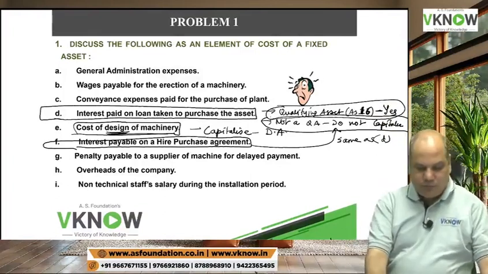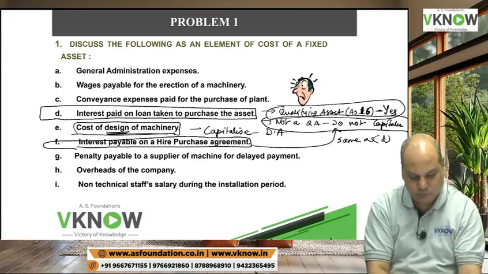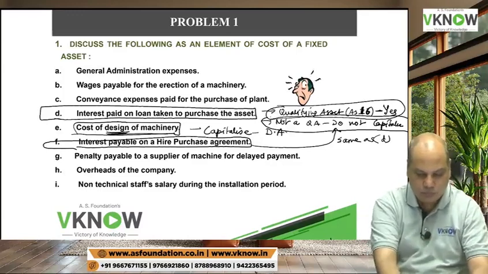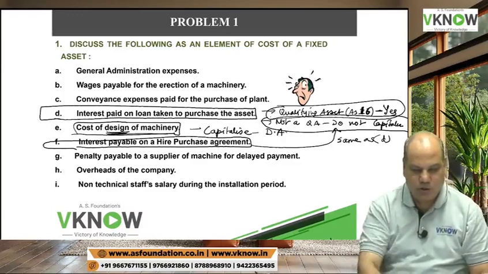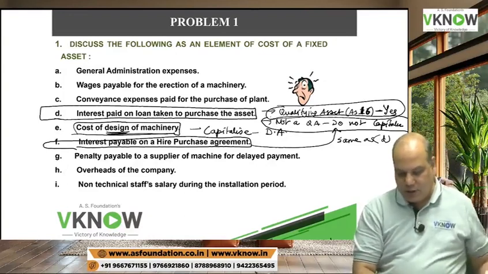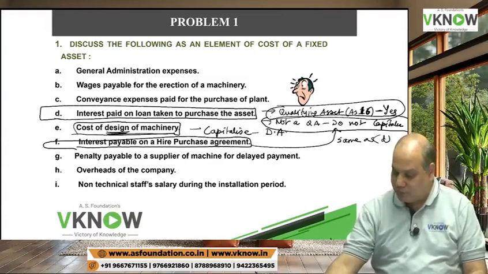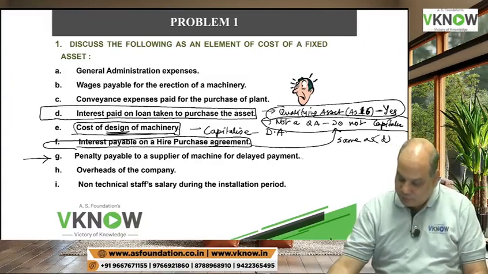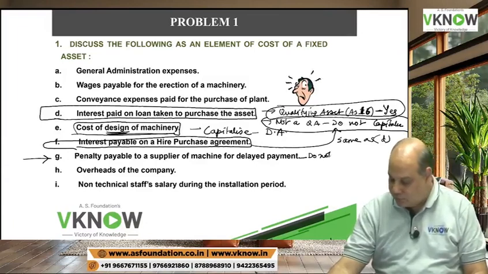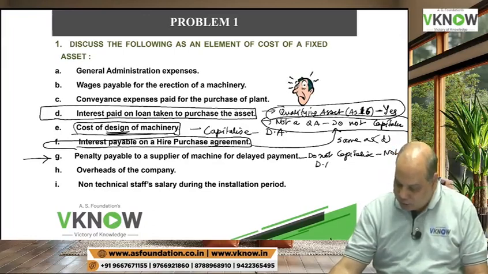Penalty payable to a supplier for delayed payment. Capitalize or do not capitalize? Point number G. Do not capitalize. It is not directly attributable.